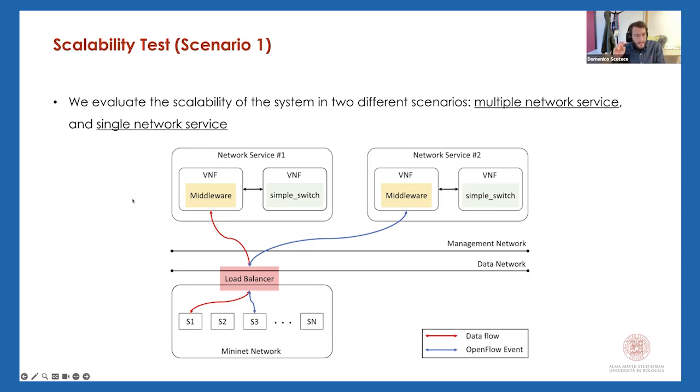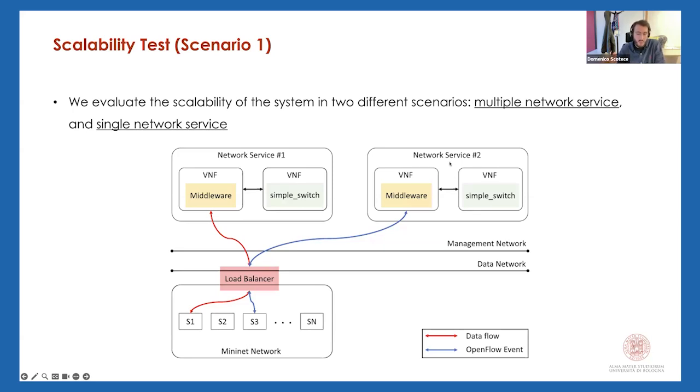But we have to distinguish between two definitions: a virtual network function, which is a single network function, and network services, which could be a composition of virtual network functions. For instance, network service 1 in this example is the deployment of the whole microservice SDN system, because it's composed of the controller, the middleware, and also the routing functionalities.